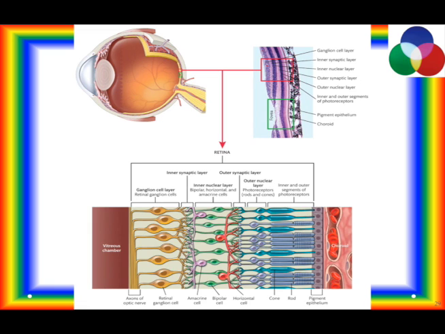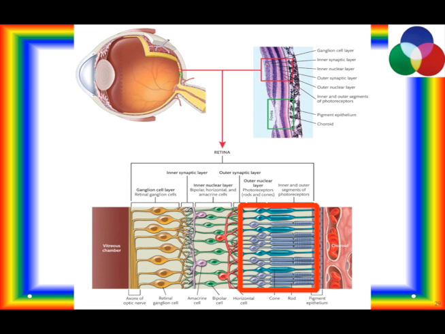You can look at this nice picture in your reading about how the different cells are broken down in the retina. This layer is what we're going to focus on next, where we have photoreceptors, rods and cones, and this is describing the inner and the outer segments of the rods and cones.